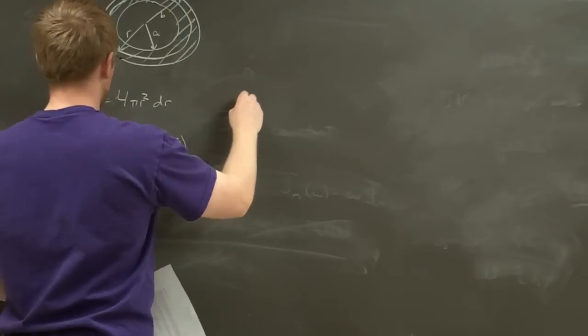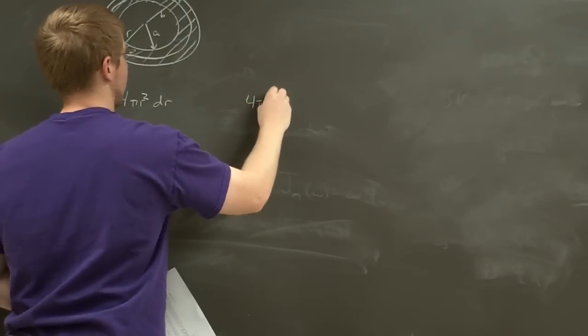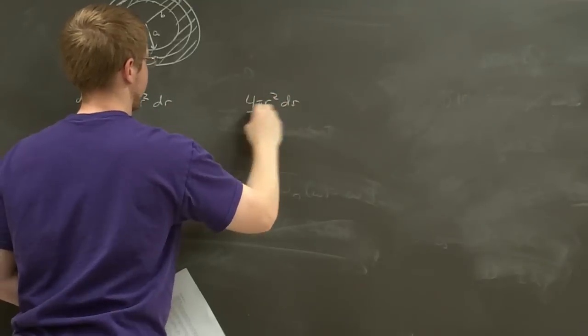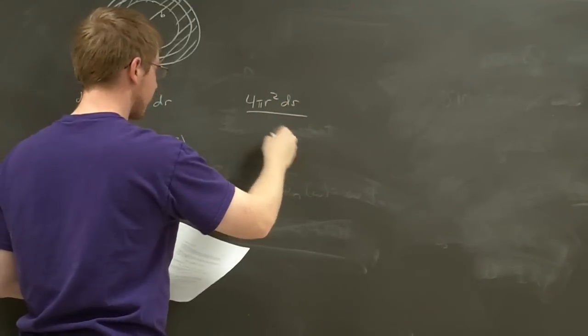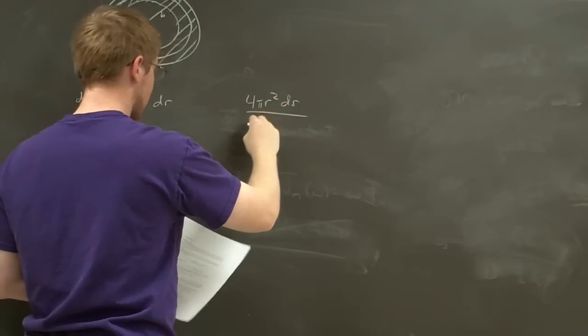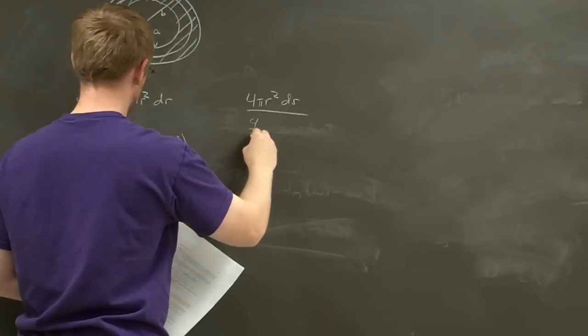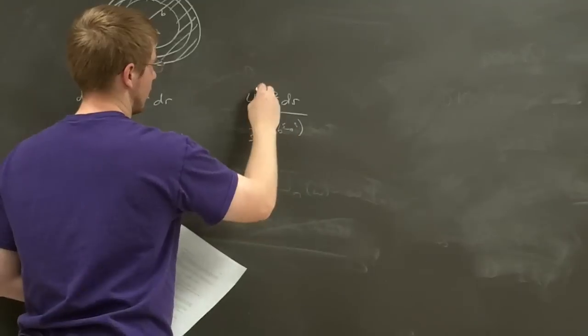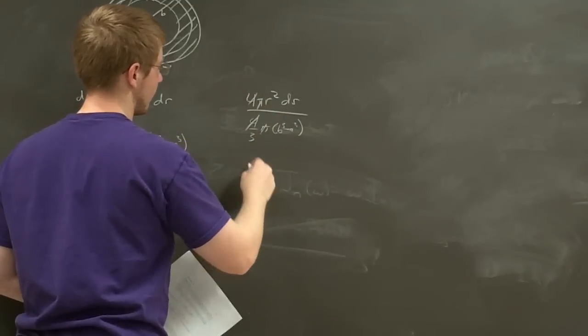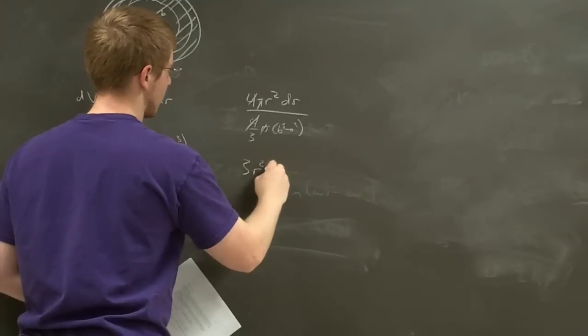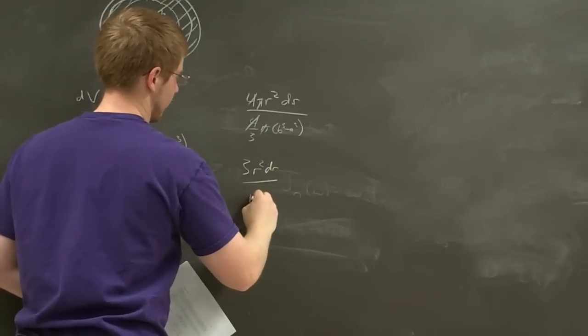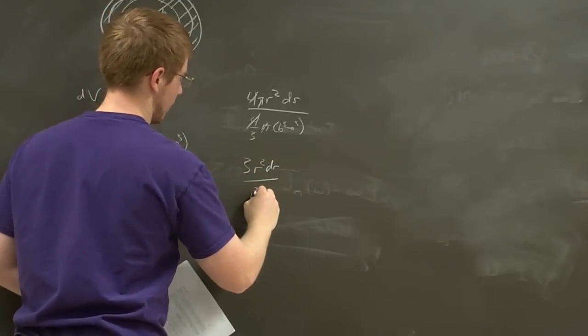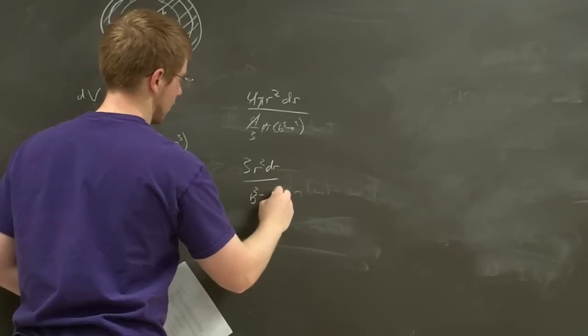So we take this ratio and you get 4 pi r squared dr over 4/3 pi times b cubed minus a cubed. 4 pi cancels and you get 3 r squared dr over b cubed minus a cubed.